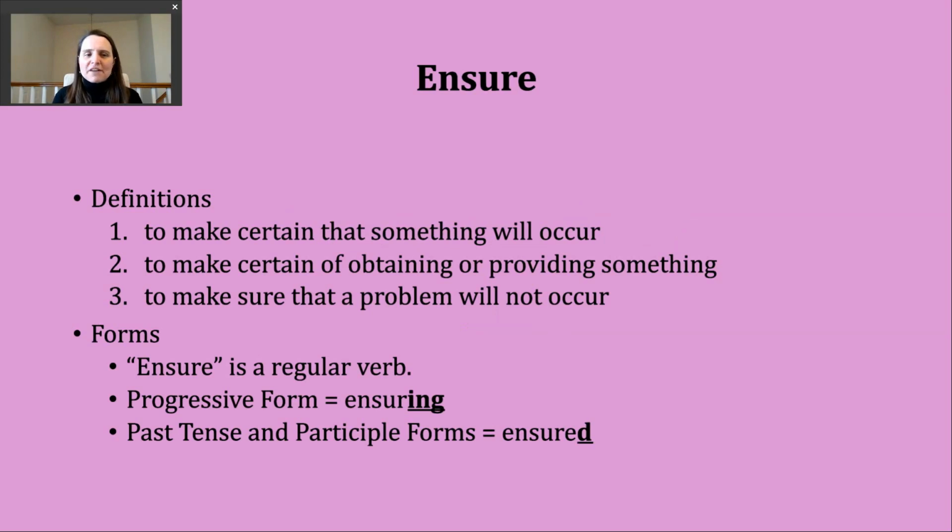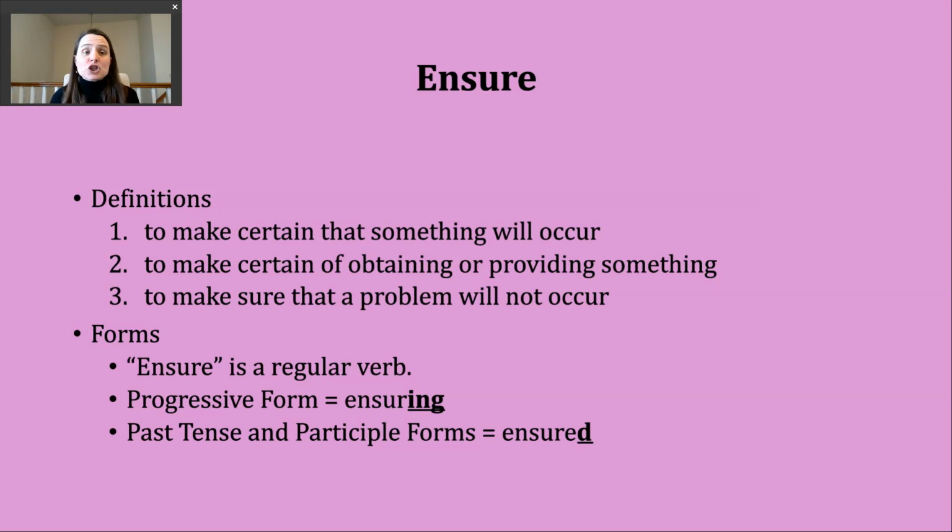And then our third definition, to make sure that a problem will not occur. So this verb, I hope you're seeing kind of a pattern here, make certain, make sure. It's a bit like promising, guaranteeing, either that something will happen or something bad won't happen, or that we will be able to get some object, something.